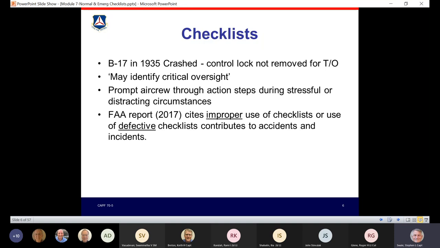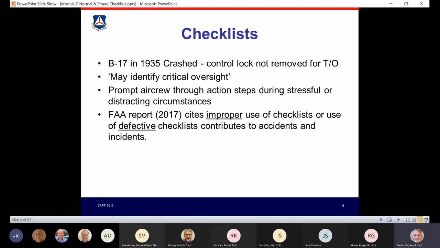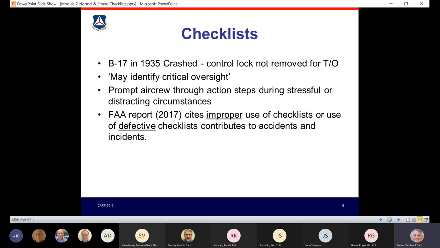Today, we observe that checklists can be used to possibly identify critical oversights. They don't always do it, but that's what they're useful for. They also can prompt an air crew in a stressful situation, like an emergency or a situation where you want to refresh yourself on some exact numbers, and having it at hand is terrific.